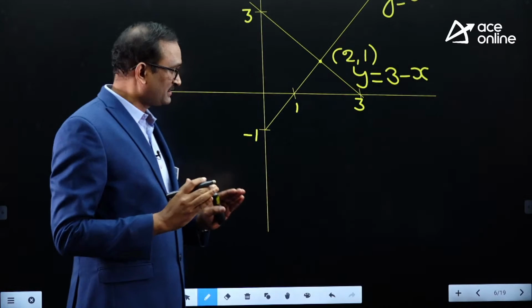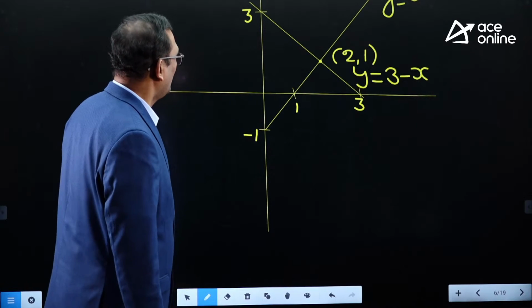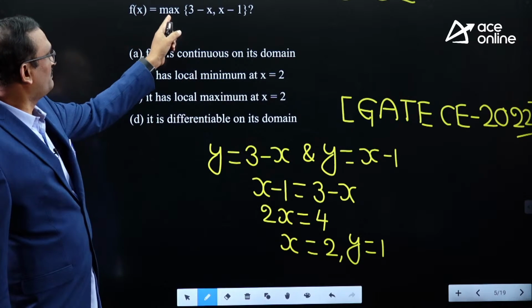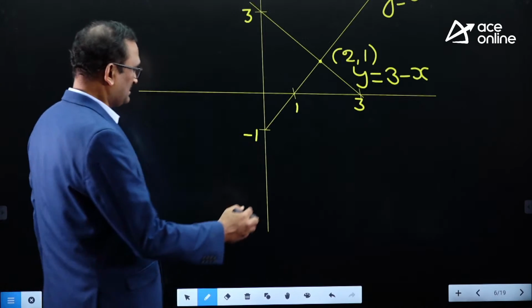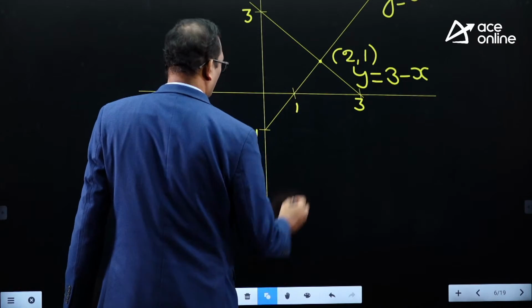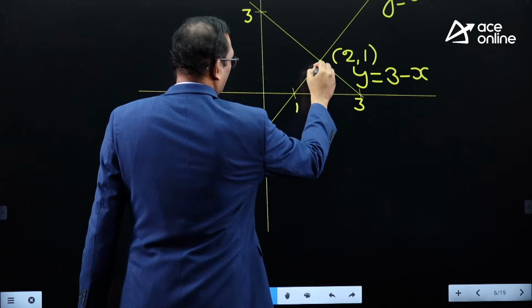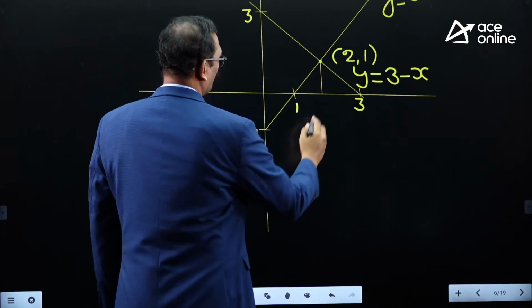Now let us draw the correct diagram once again. Everyone should be very careful, because you observe that if y equals the maximum of 3 minus x and x minus 1, this is the x equal to 2 line. Don't get confused.